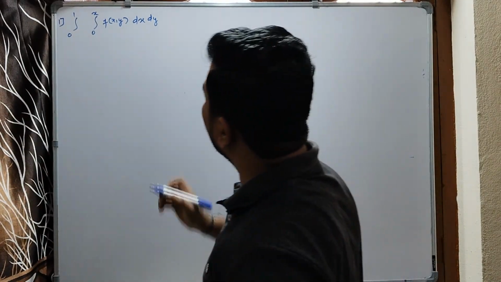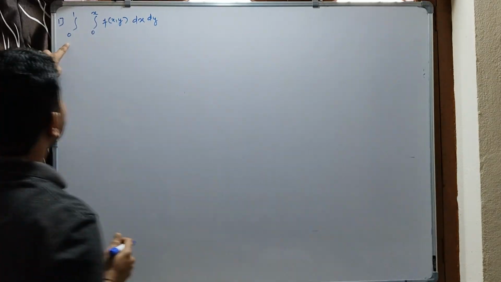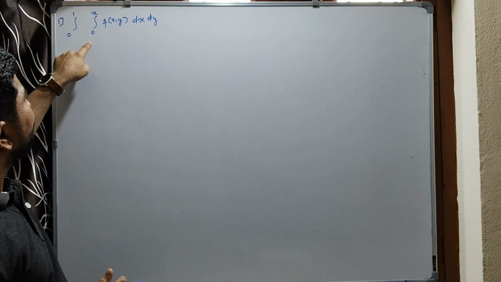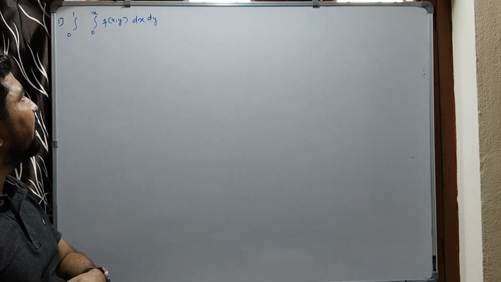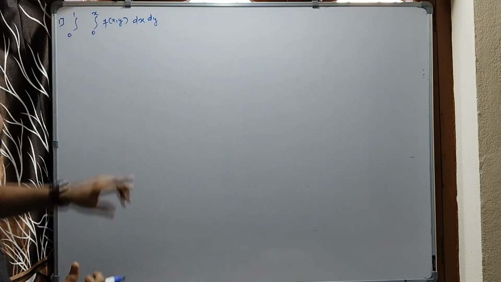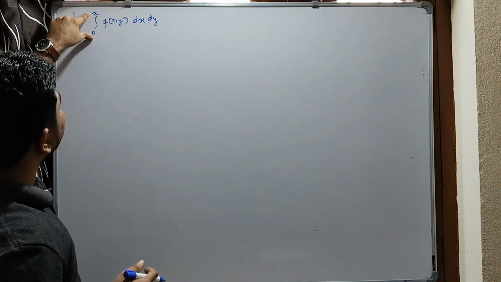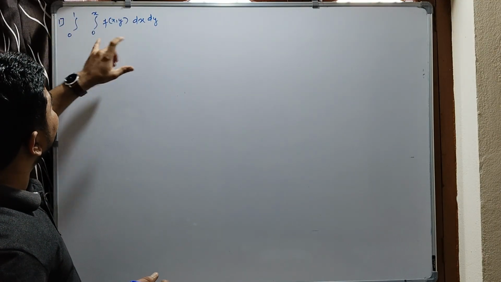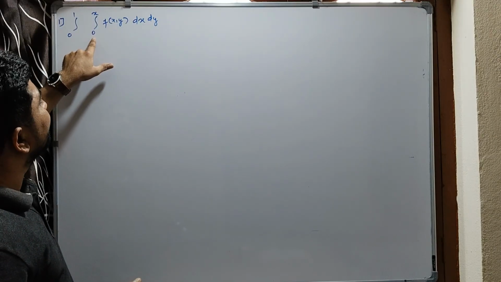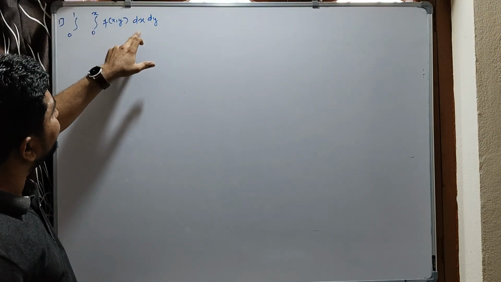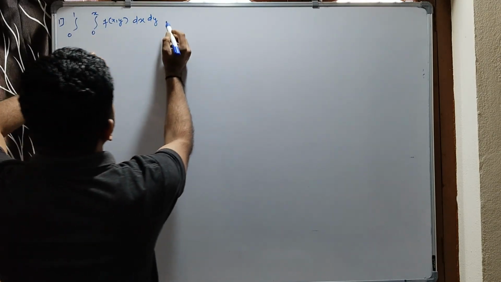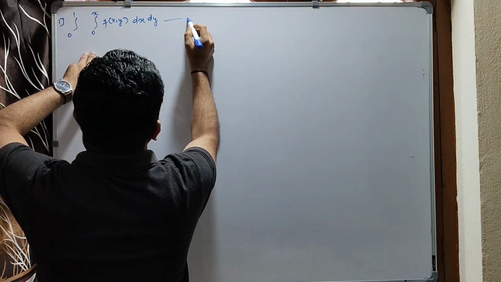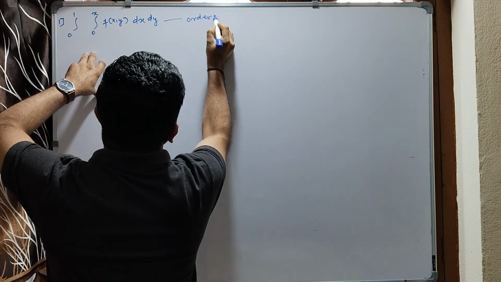Here in example number 1, the integration is from 0 to 1, from 0 to x, of f of x comma y dx dy. Just observe one thing: if the inner limit is in terms of the x variable, it must be integrated first with respect to y and then dx. So this order is not correct.